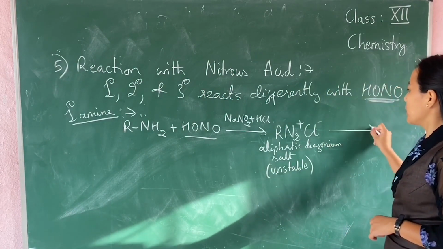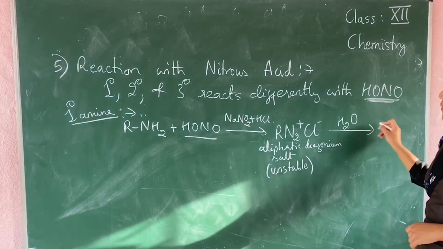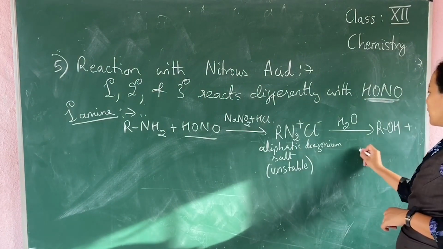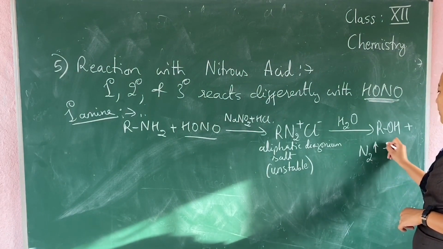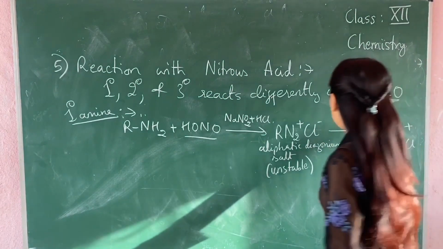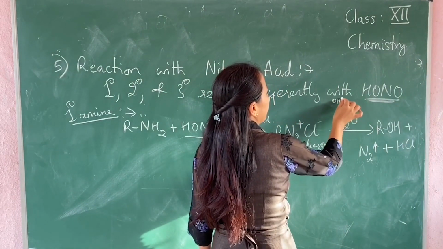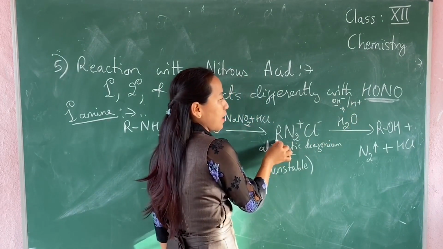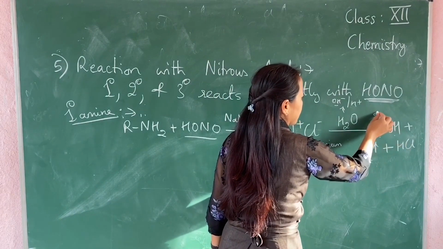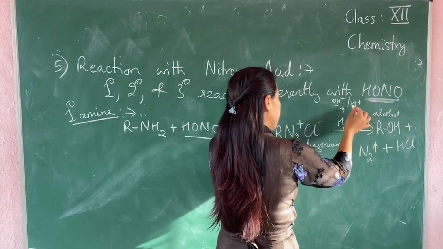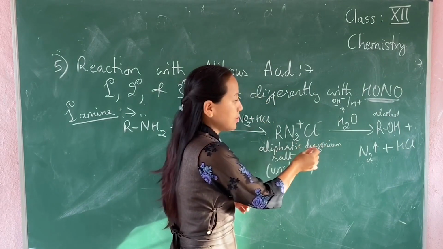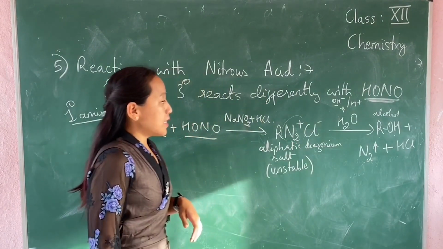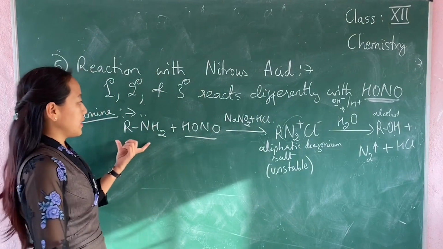So on hydrolysis, it produces alcohol, ROH, plus hydrogen gas is evolved, and plus HCl. Water consists of OH- and H+. OH- will react with this R and form ROH, that is an alcohol, and this H+ will react with the Cl- and it produces HCl, and this N2 is evolved in the form of gas. So this is in the case of primary aliphatic amine.